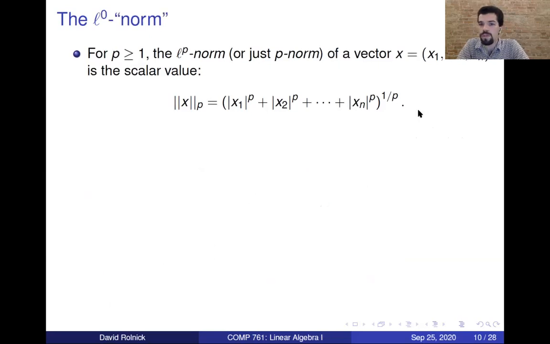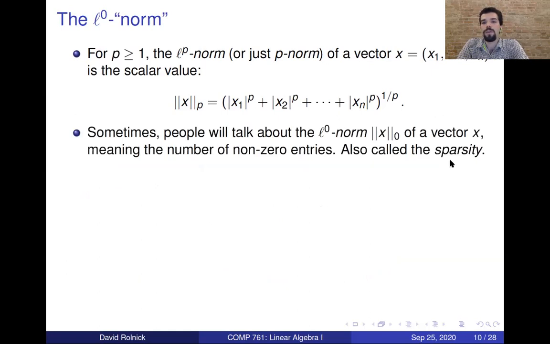Now, there is also something that you will possibly see called the L0 norm. What this means is that you are looking at the number of non-zero entries in the vector. This is also called the sparsity of the vector.